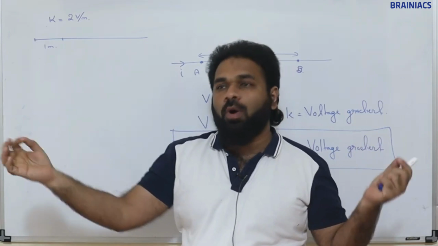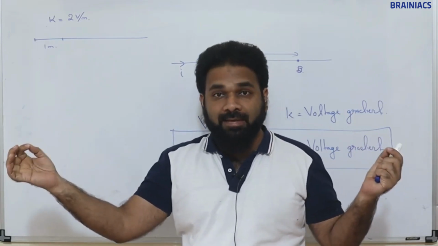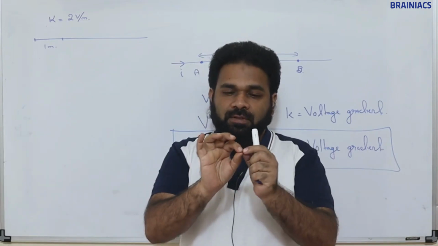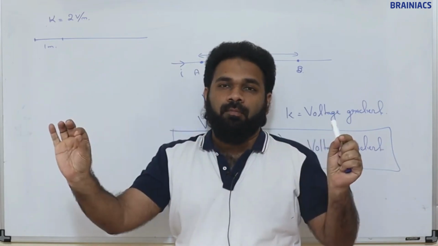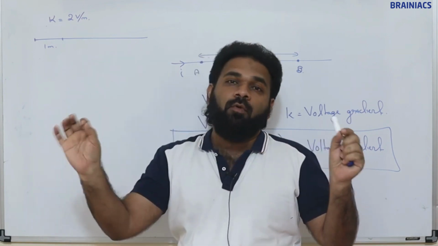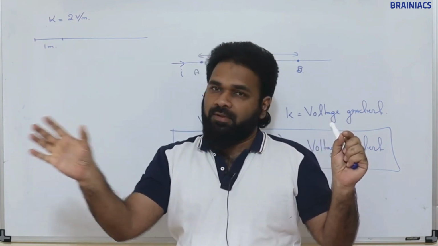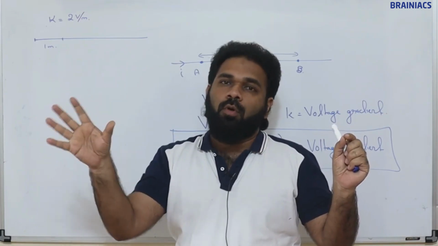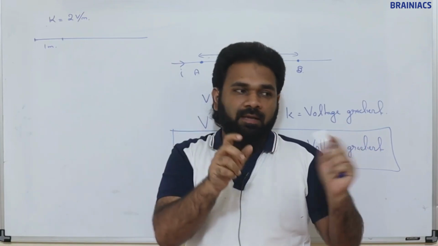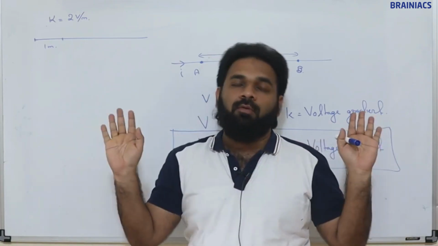Suppose throughout the length of the wire, say this is a 10 meter wire, and throughout the 10 meter wire 20 volt is there, then in the first 1 meter a 2 volt drop will happen, in the next 1 meter a 2 volt drop will happen, and likewise at the end the entire thing would have dropped.